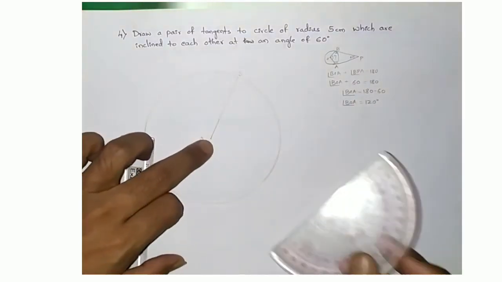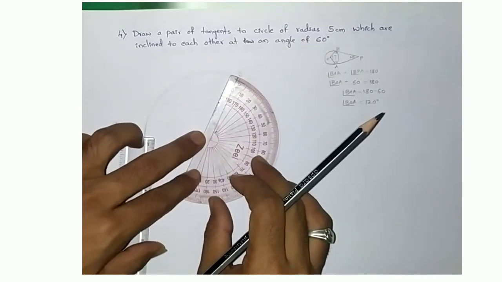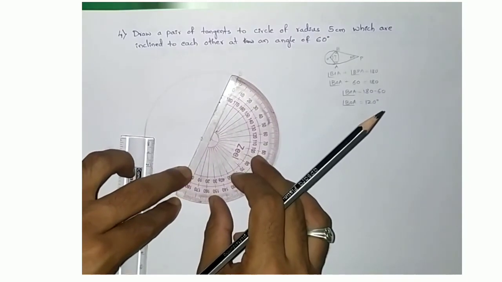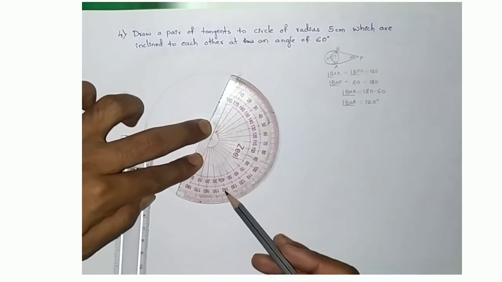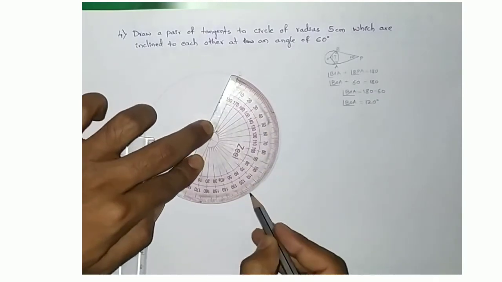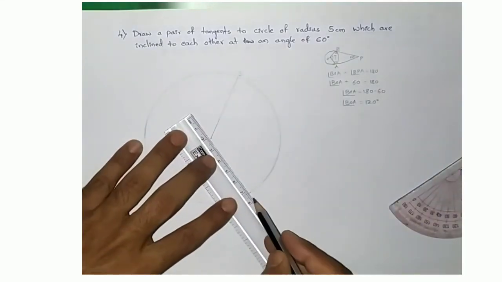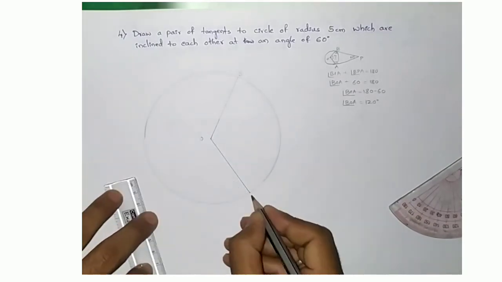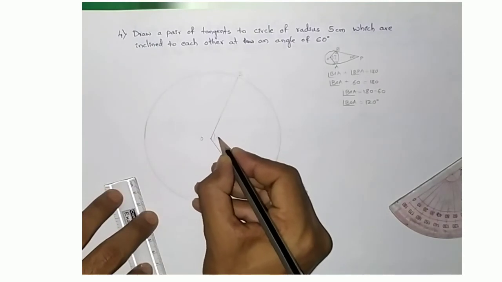Make 120 degree from this line. So it's starting with 0 up to 120 degree here. Join this O to this point, let's name it as A. Now we got here 120 degree.